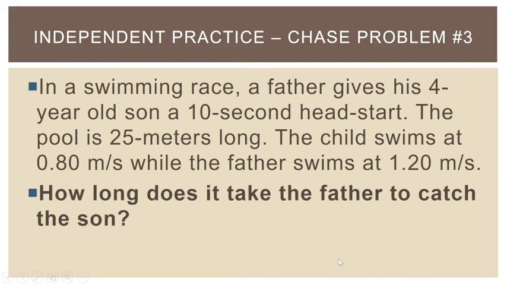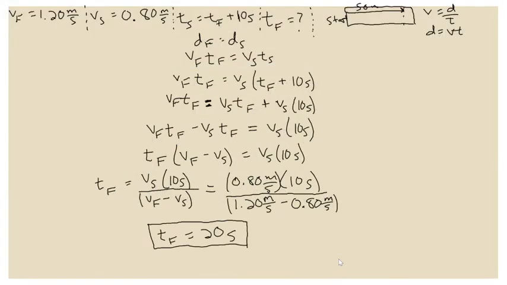All right, so as we saw here, this question was asking us, how long does it take the father to catch the son? And your work should look something like this. Now the answer here is 20 seconds, but I'm going to go through the solution now.